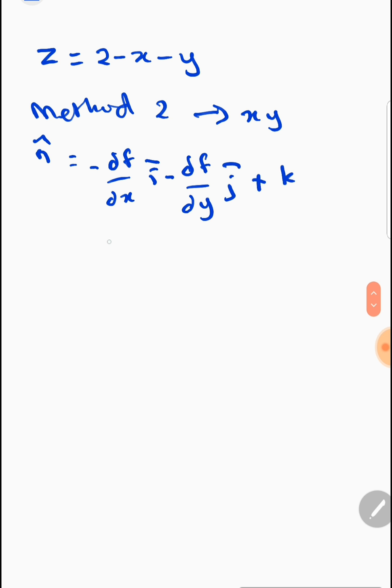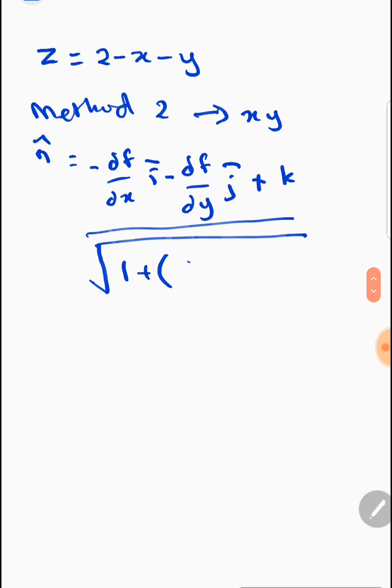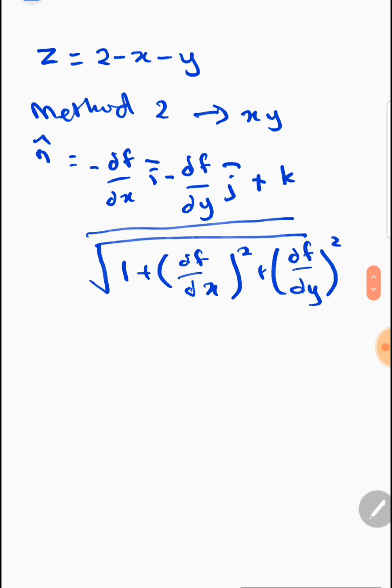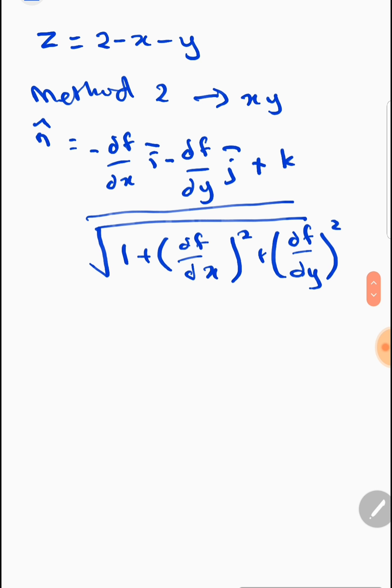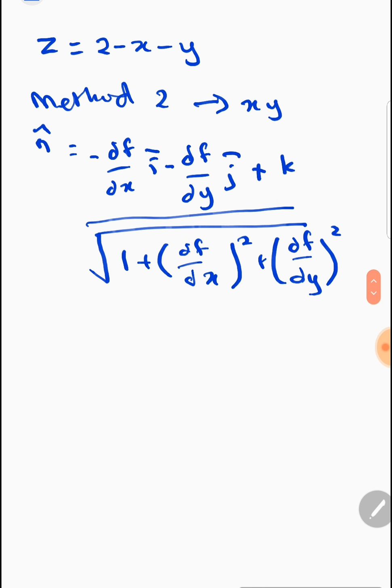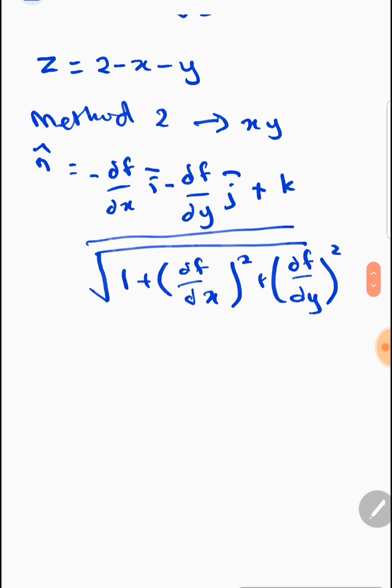So remember the negative. All over the square root of 1 plus df over dx squared plus df over dy squared. If we decide to put this in terms of the xy plane, it just so happens that my f will be my z, expressed as 2 minus x minus y.